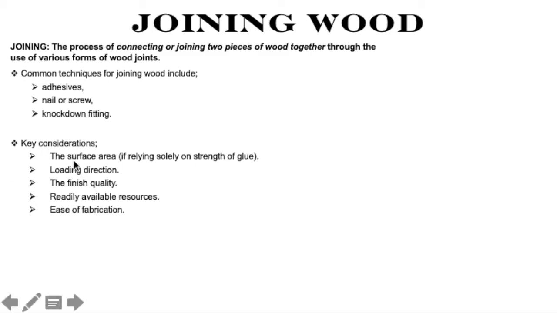That's what I'm referring to by loading direction here, because some joints are better fitting or stronger depending on the load carrying capacity that the product would be designed to carry. If it's going to encounter some sort of loading, like a desk, like a chair, like many other wood products that are meant to carry weight.